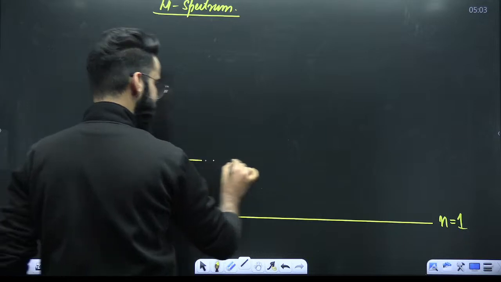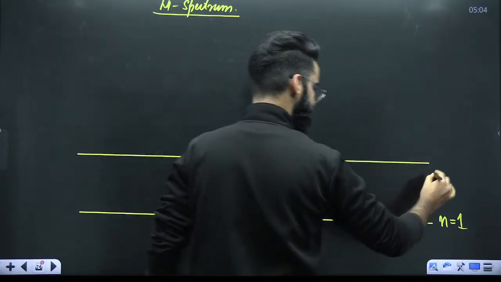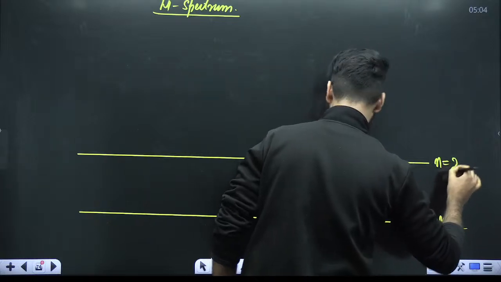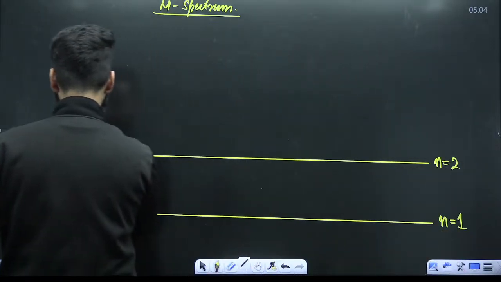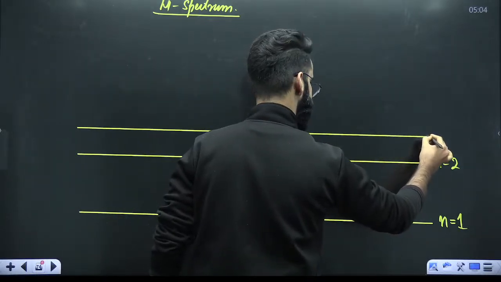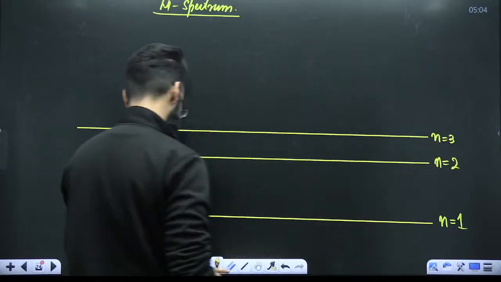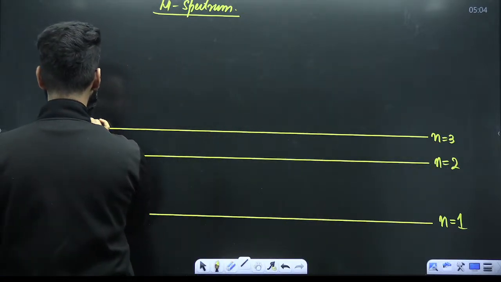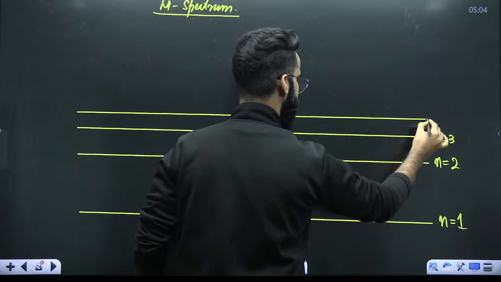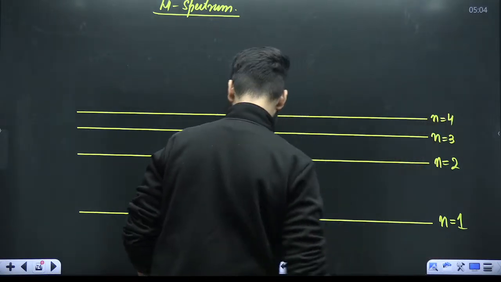Let's assume over here, this is n equal to 2 of hydrogen. Here you have n equal to 3 for hydrogen. Similarly, let's say this is n equal to 4 for the hydrogen atom.